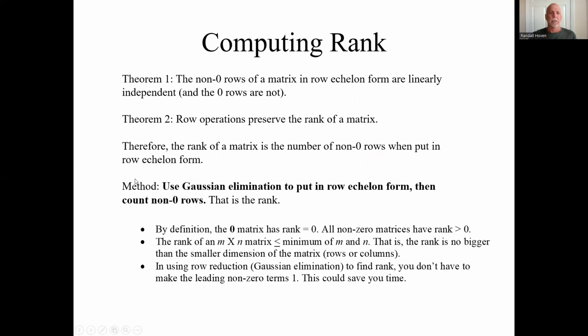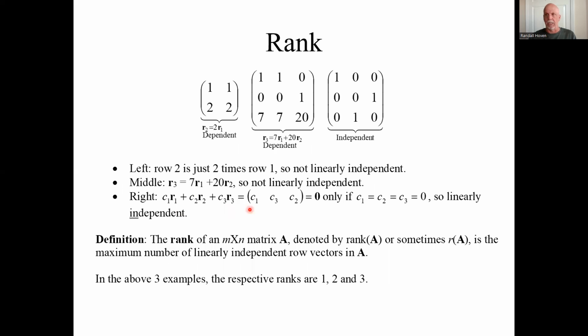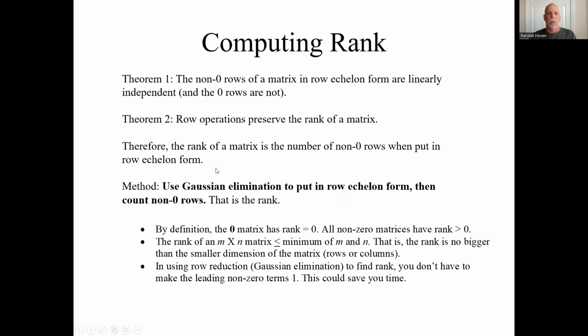So here's our method of finding the rank. We don't have to go through this sort of logic every time. We use Gaussian elimination to put a matrix in row echelon form and then just count the number of non-zero rows. Here are a couple other facts. A matrix of all zeros has a rank of 0, and any other matrix has a rank of at least 1.